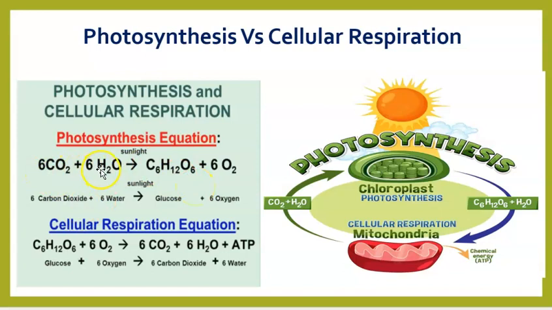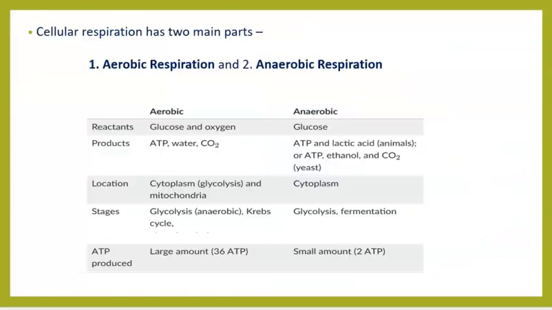In photosynthesis, carbon dioxide and water react to make glucose and oxygen, and in cellular respiration, glucose and oxygen react to make carbon dioxide, water, and energy in the form of ATP. This lecture will be based just on cellular respiration. Photosynthesis will be discussed in another lecture.